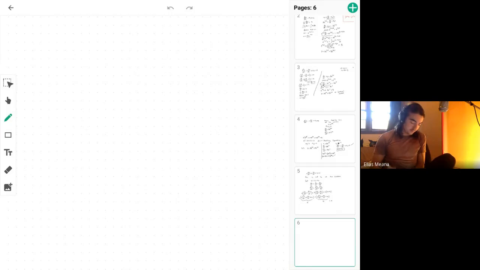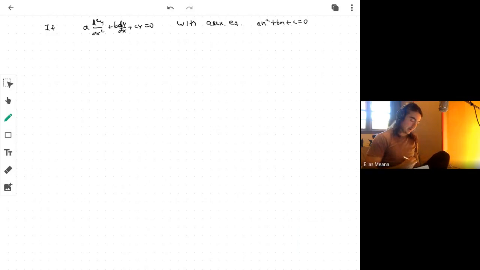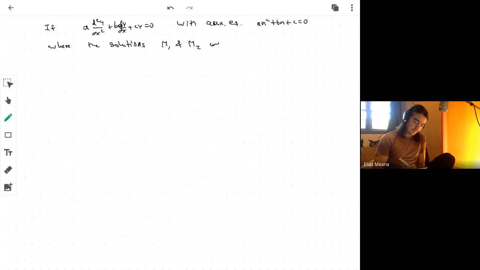Say we have a y double prime plus b dy dx plus cy, with auxiliary equation a m squared plus bm plus c equals 0, where the solutions m1 and m2 are distinct.